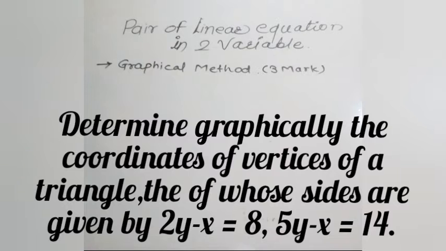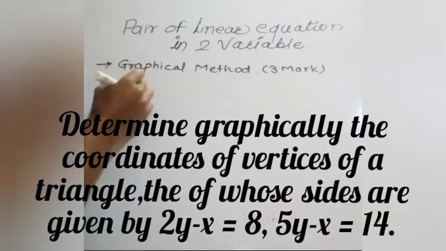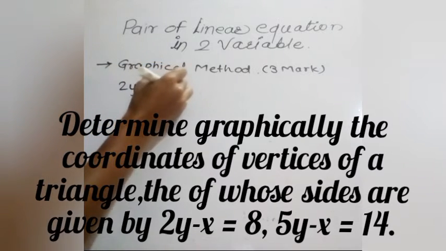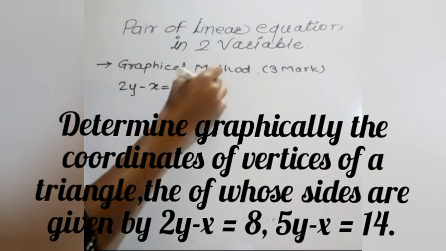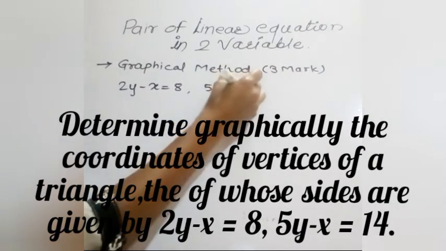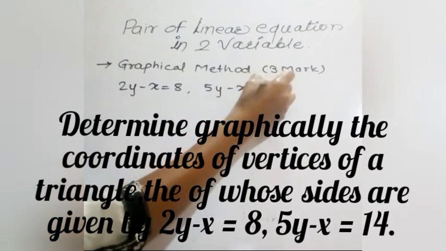The question is: determine graphically the coordinates of the vertices of a triangle, the equations of whose sides are given. The sides are 2y minus x is equal to 8, and the second is 5y minus x is equal to 14.